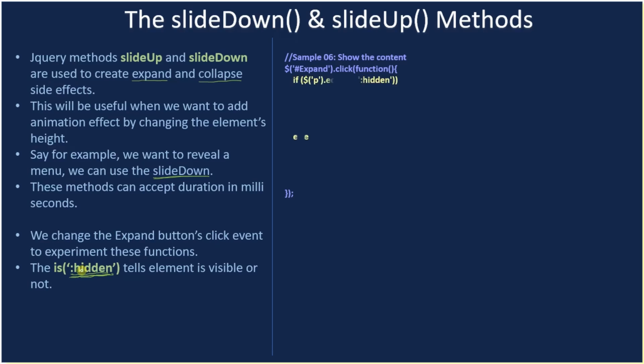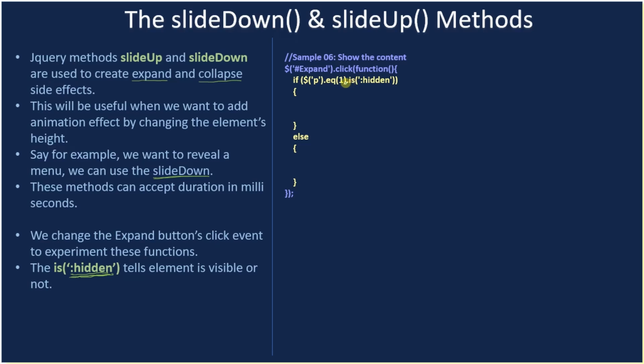And if you see how we are using it, we use $P, so select all the paragraphs, and when it returns an array, from that array pick the element at position 1, the second paragraph in this case.